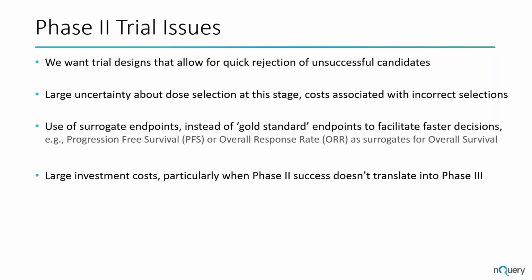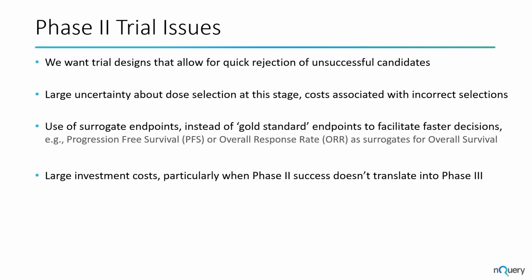There are also ethical concerns to consider with any clinical trial. Patients taking a novel treatment are no longer receiving the standard of care treatment. So if a new treatment does not show any prospects, then we need to stop the trial as soon as possible.